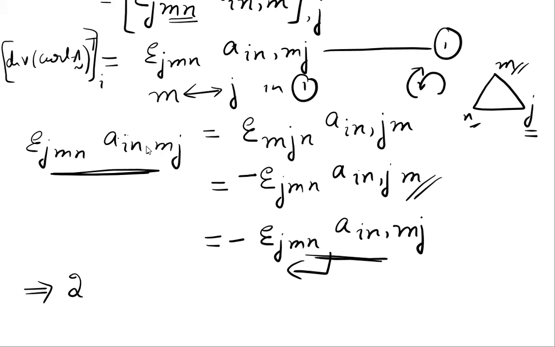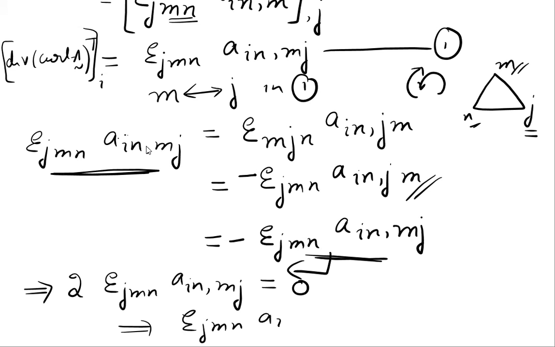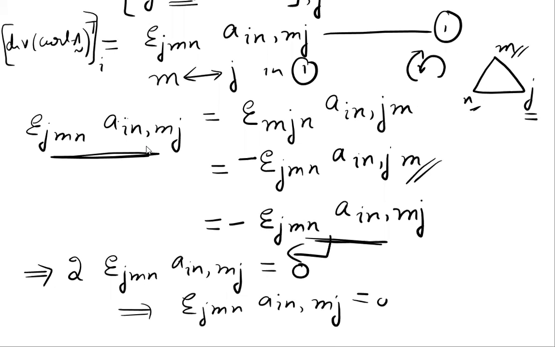This minus will become plus when it comes to this side. So twice epsilon jmn a in comma mj is 0. That implies epsilon jmn a in comma mj is 0.